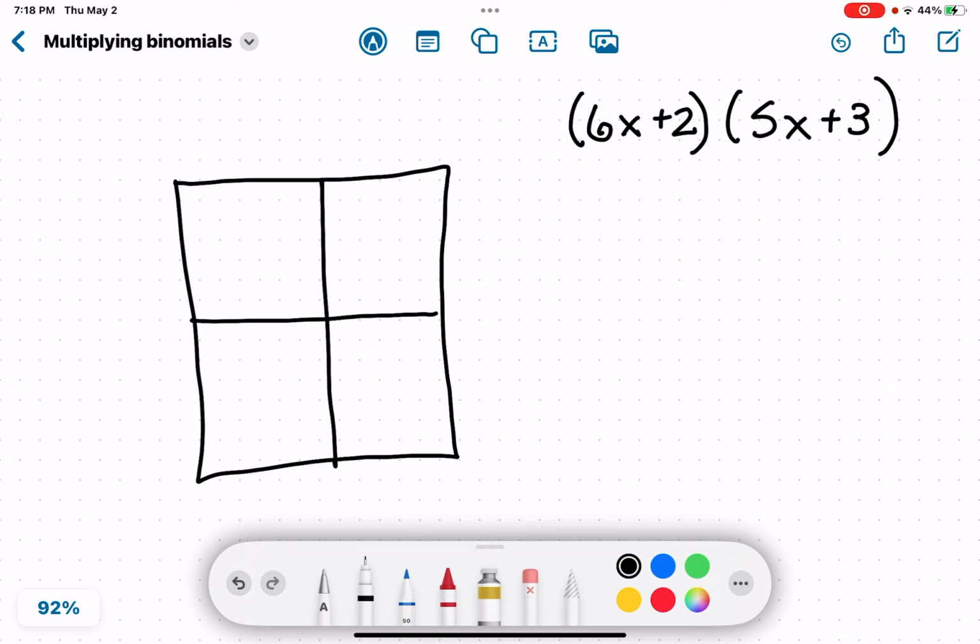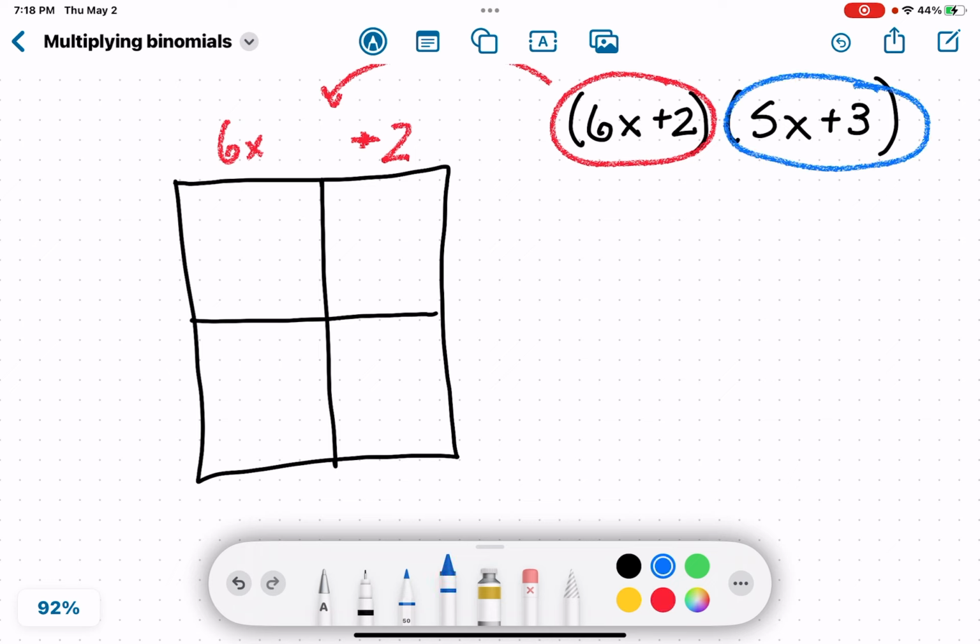Now what we're doing is we're taking these pairs and putting them into this box. This pair is going to go to the top. So we're going to do 6x plus 2. And then we're going to take the other pair, 5x plus 3, and put it on the other side of the square, 5x plus 3.